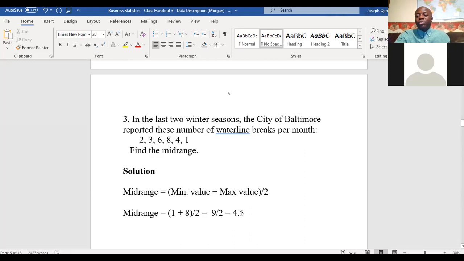But if you are trying to say that they're not having much compared to Texas or other places, they say that they only had 4.5 or less waterline breaks. Or the popular way the press say that they don't have up to 4.5 waterline breaks in last winter compared to the previous winter, or this winter.